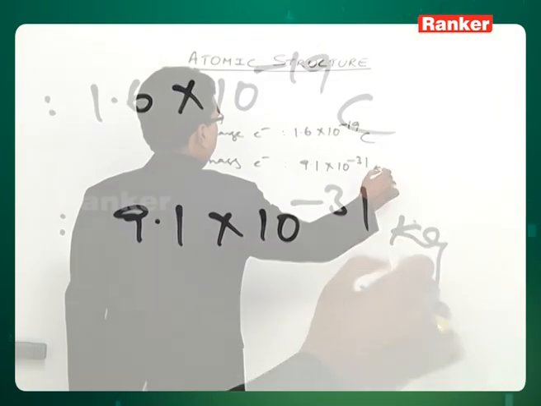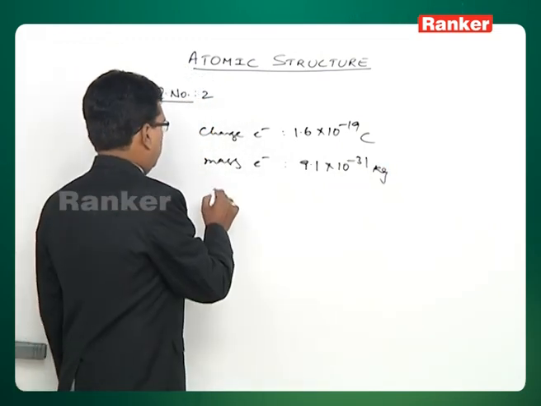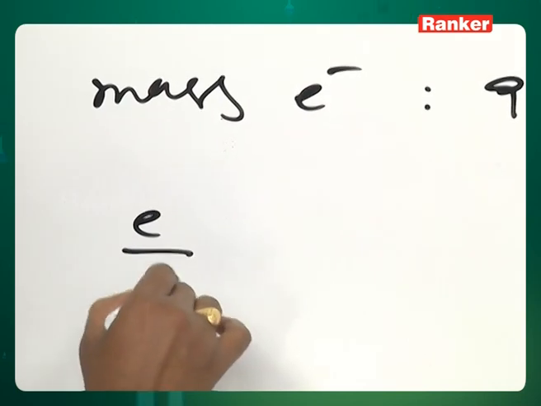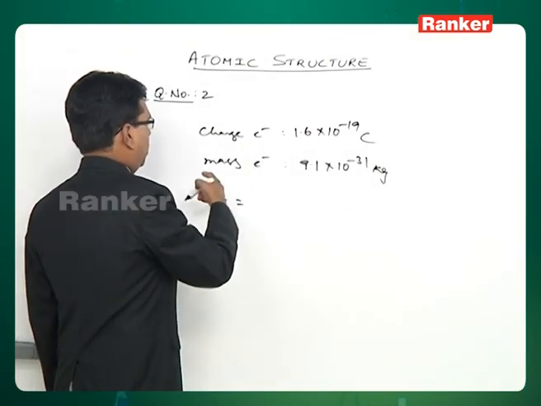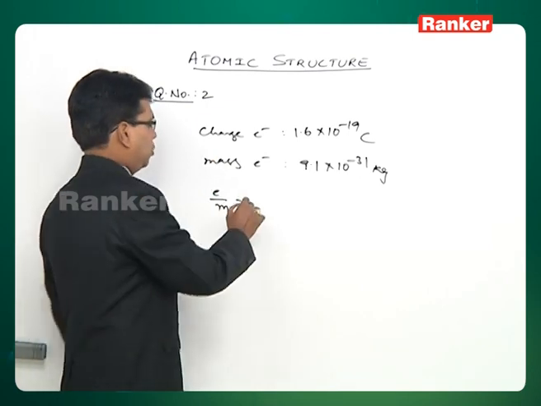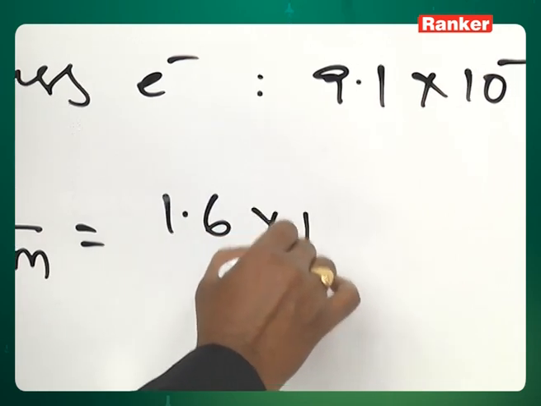The question is the charge to mass ratio, which we call the e by m ratio. E is for the charge, m is for the mass.